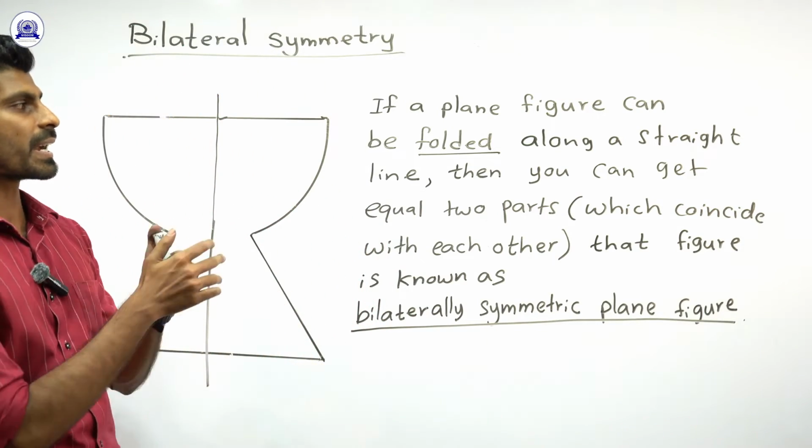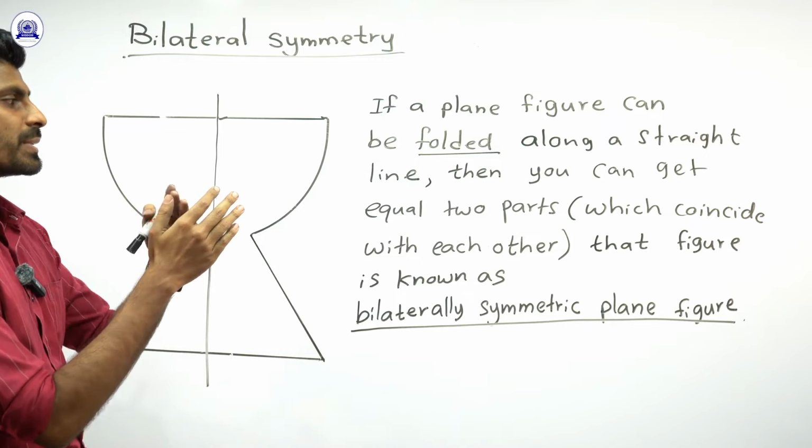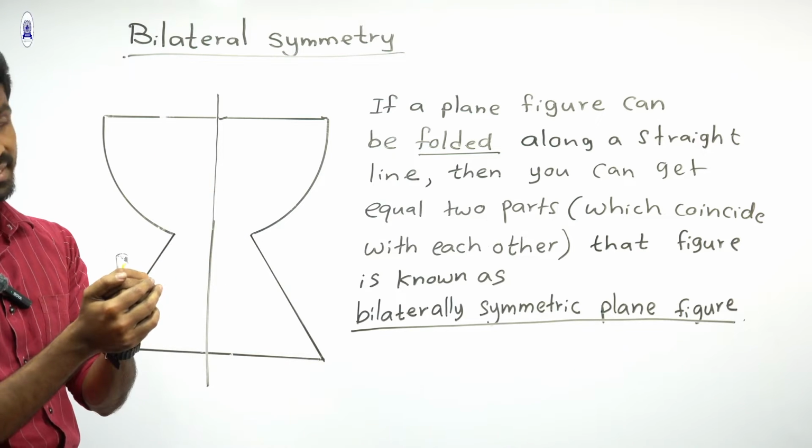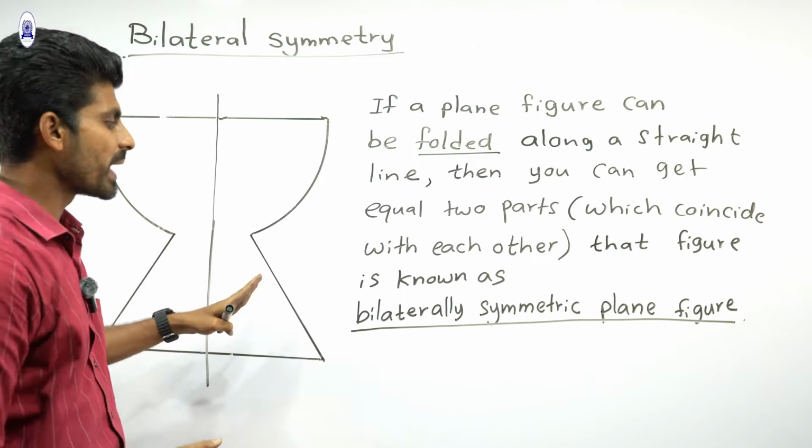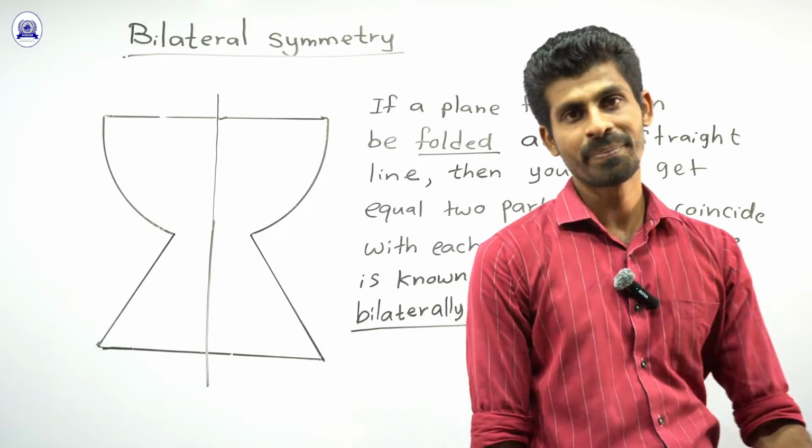If a plane figure can be folded along the straight line, then you can get two equal parts which coincide with each other. That figure is known as a bilaterally symmetric plane figure.